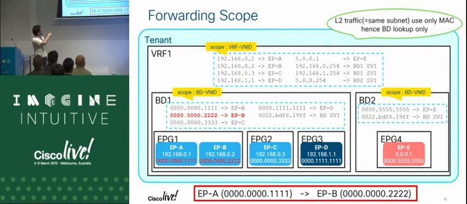So let's take a look at the exact examples. Let's start with endpoint A to endpoint B. In this case, it's the same EPG, same subnet, same bridge domain, same VRF. So the packet from endpoint A should be sent to MAC address 2222. We check MAC address 2222 in the bridge domain VNID, and we see that entry pointing to endpoint B. So we do the switching.